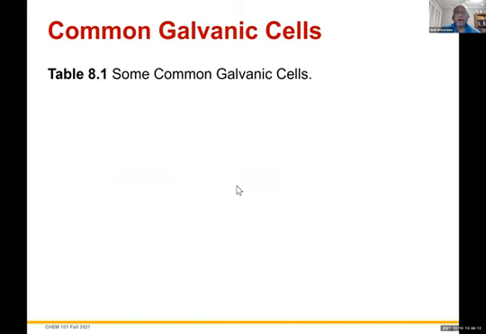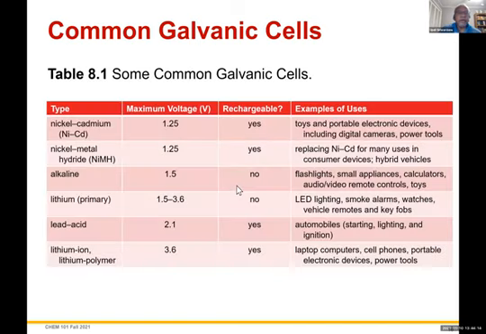let's look at the common galvanic cells. Nickel cadmium, which is rechargeable. The nickel cadmium system has a voltage of 1.25. You can write down a nickel and cadmium cell like the copper zinc cell.